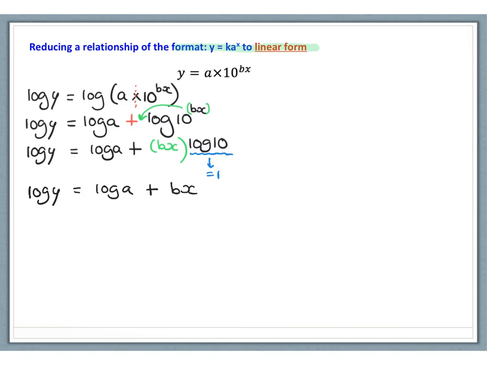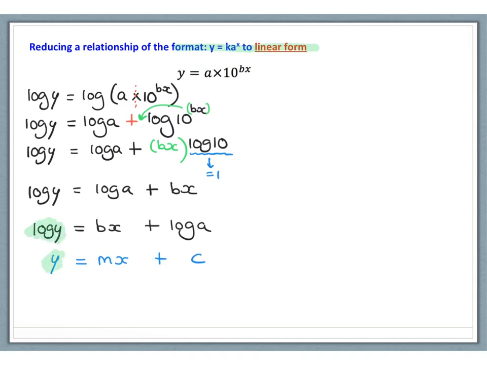Now, as we did last time, I'm going to rewrite this, just reordering things slightly. Log y equals bx plus log a. And the eagle-eyed amongst you will hopefully have noticed that this takes the format of a straight line graph. y equals mx plus c. Let's compare everything.